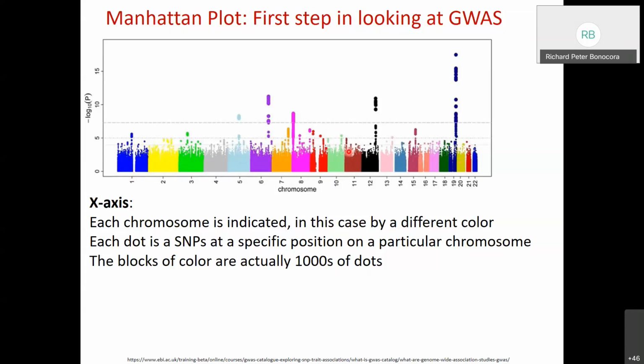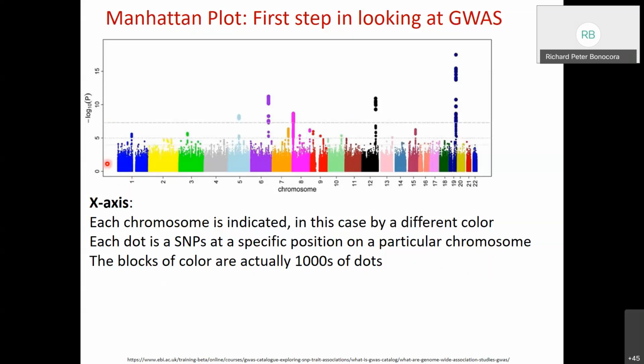So that's what's going along the x-axis. You're breaking down the SNPs by where they're located in the genome, and further by which chromosome they are on. So the person doing this will know exactly what each dot is. It's not randomly put down; it's put down in a very orderly fashion. You can zoom in on these and determine what these positions are. So that's how everything is organized.